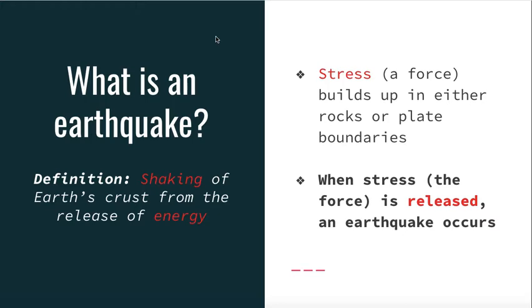What is an earthquake? So the definition is the shaking of the Earth's crust from the release of energy. It's as simple as that. An earthquake is the shaking of the Earth's crust from the release of energy. Stress, which is a force, builds up on either the rocks or the plate boundaries, and when the force of stress is released, an earthquake occurs.